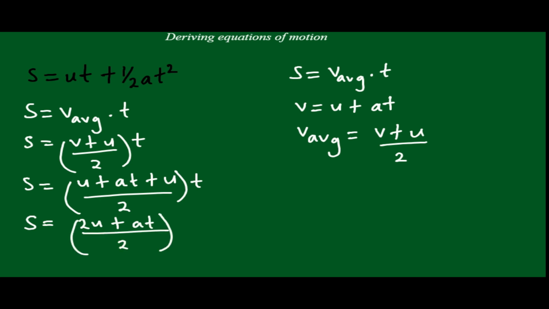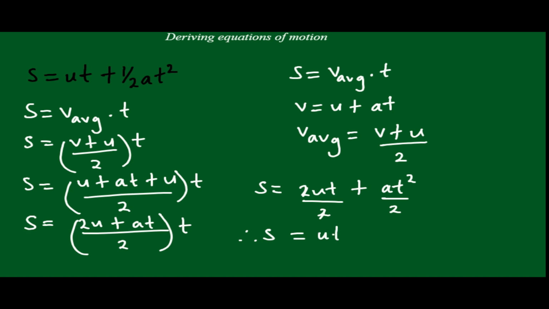So from here we have to multiply everything in brackets by t. This becomes s is equal to 2ut plus at squared, over 2. And finally, 2 into 2 is 1.